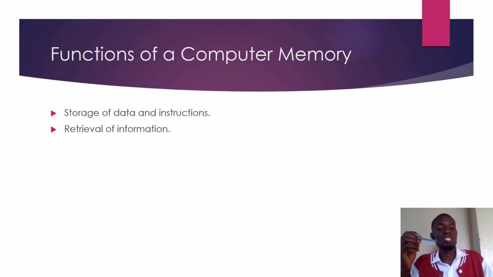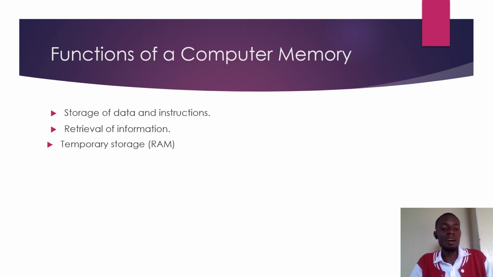And the other function is retrieval of information. The CPU is able to retrieve information as it processes, and this is mostly a function for the RAM, where the CPU retrieves information from it.